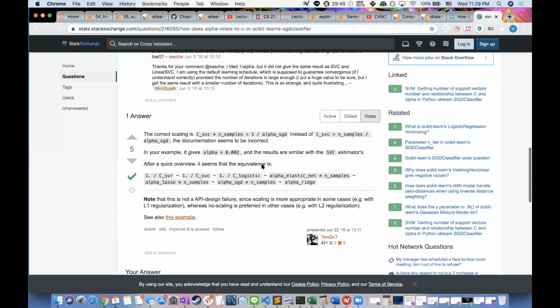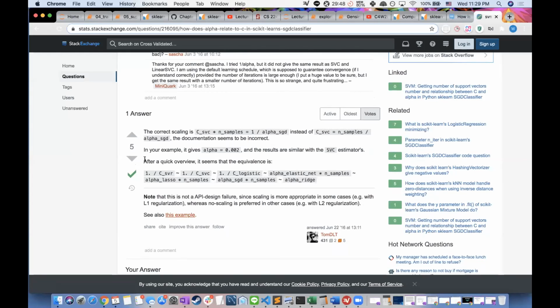And what's interesting here is this person was saying, after a quick overview, it seems the equivalence is that C of SVR is more equivalent to C of SVC and C of logistic.